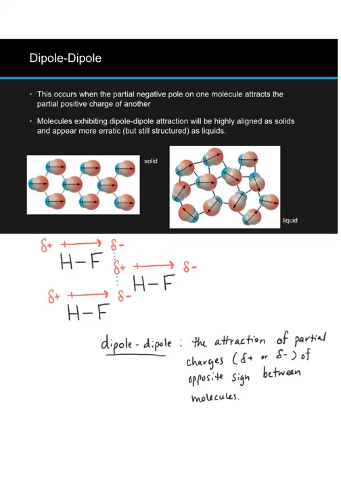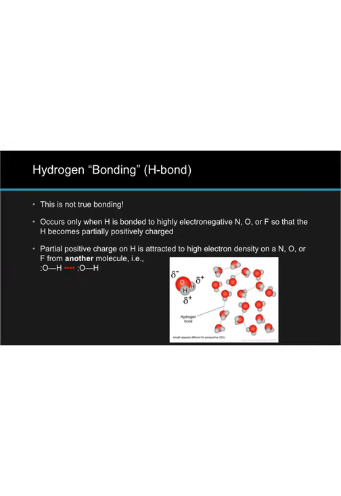But there's a special case of this dipole-dipole attraction that's particularly strong. This particularly strong case is called hydrogen bonding. And despite the name bonding, this isn't true bonding. It's just an appreciably strong case of dipole-dipole attractions.